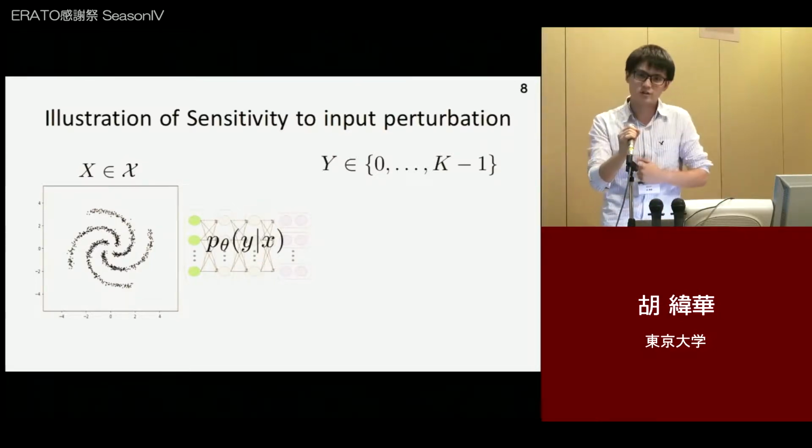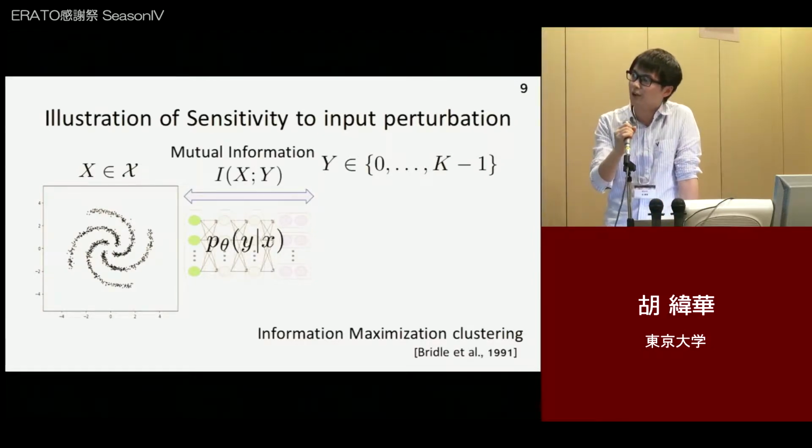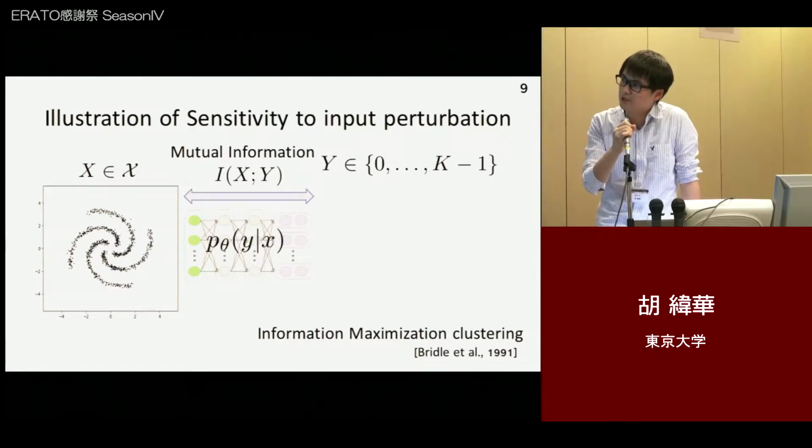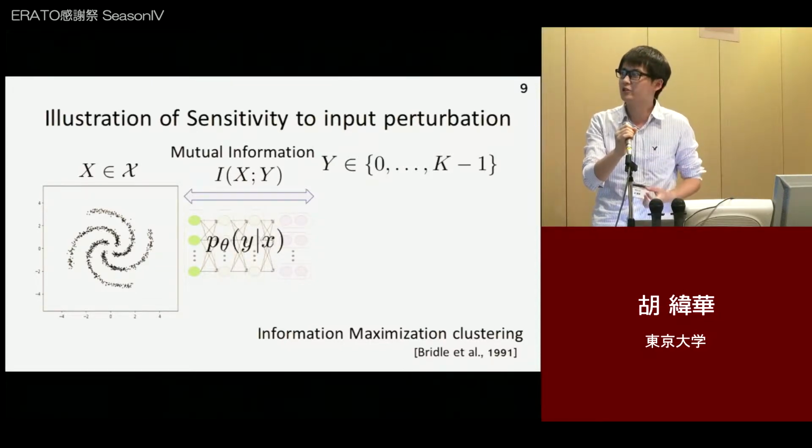And we model this function by deep neural networks. And to learn this function, information maximization is often used. So in information maximization, we want to learn this mapping function such that the mutual information between input data x and the cluster assignment y is maximized.